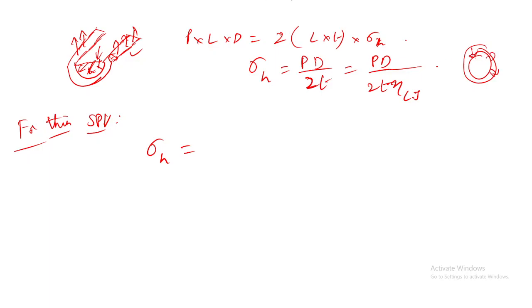For a cylinder we are getting length as well as the diameter, but here you will be having only diameter, so only one hoop stress you will be getting, which is acting along the circumference. So for thin spherical vessel it will be PD by 4T.